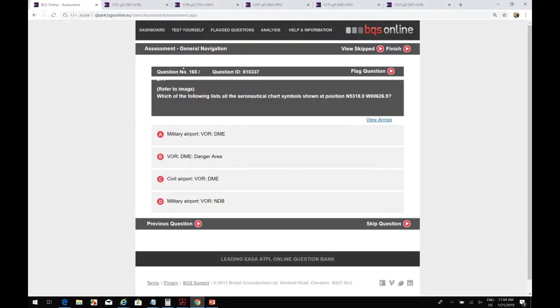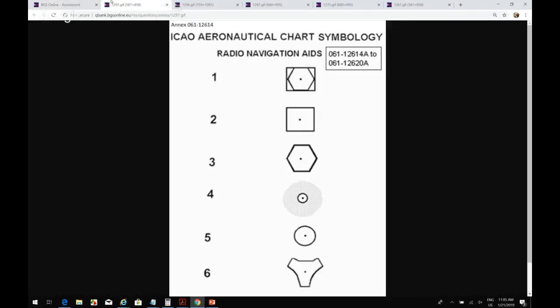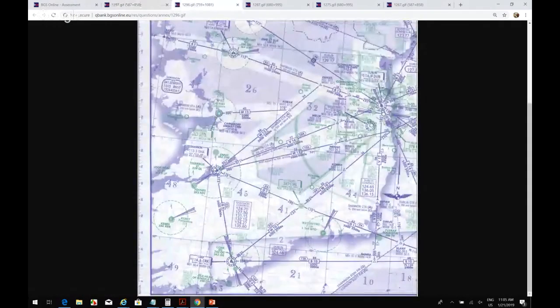Which of the following lists all the aeronautical chart symbols shown at position 5318, 626.9?